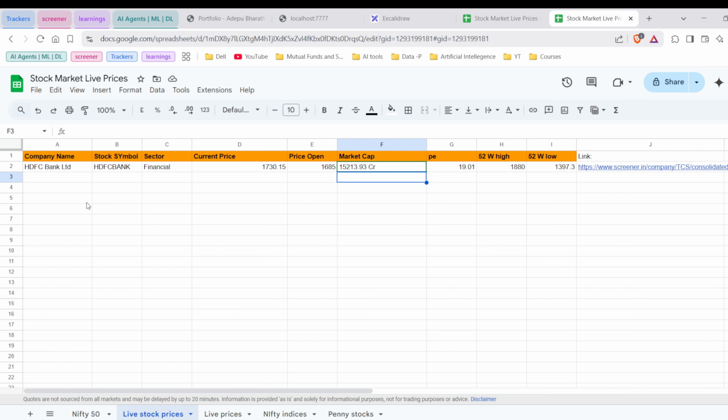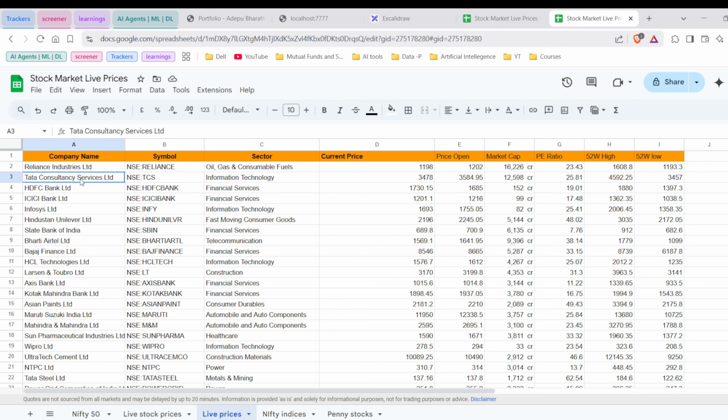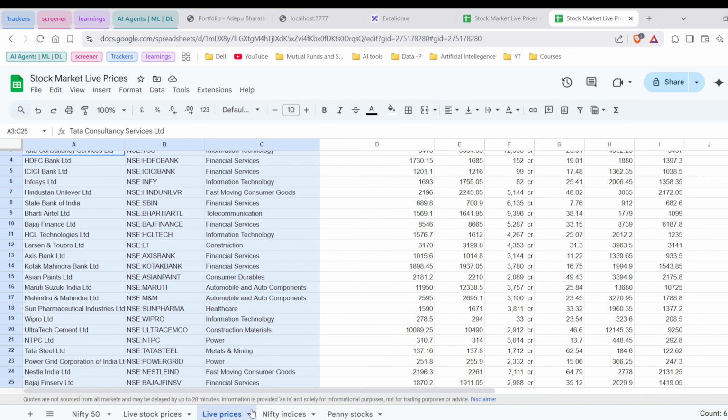So guys, we successfully completed loading the information of one stock. Now we need to add a few more stock names, stock symbols, and also sectors, so that you are able to get the same kind of information for those stocks. Let's do it. Here I already gave some information.